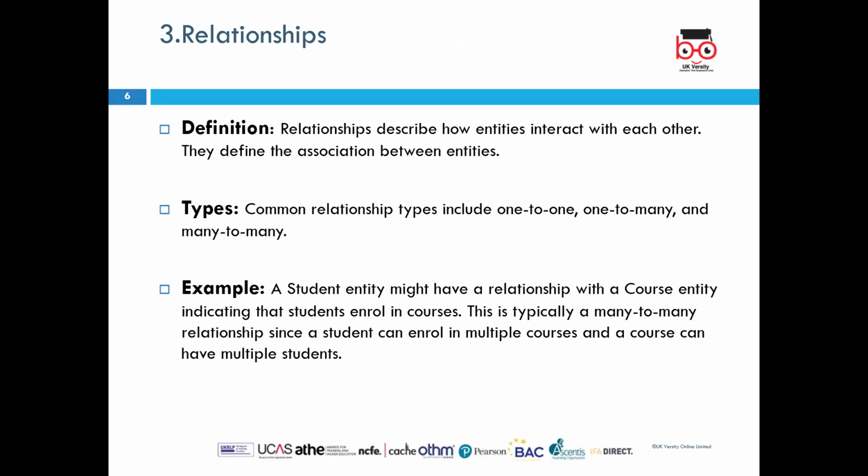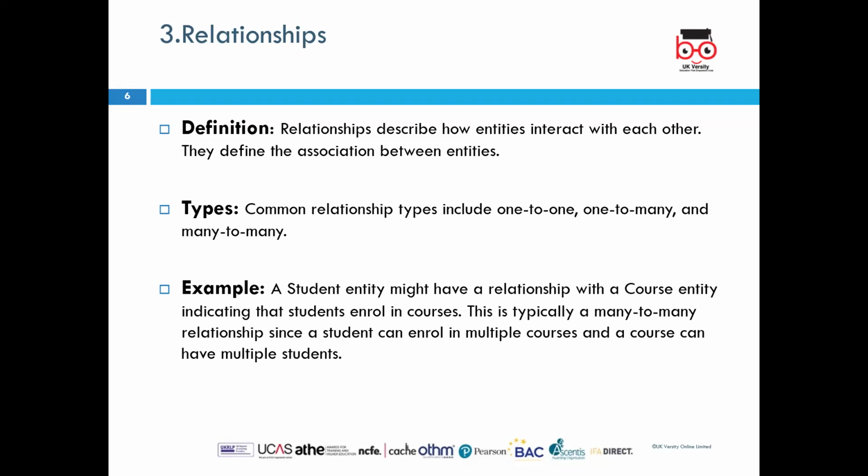In a database management system, a really important concept which we need to understand is relationships, where we need to understand how tables relate to each other. As the definition says, relationships describe how entities interact with each other. They define the association between entities.